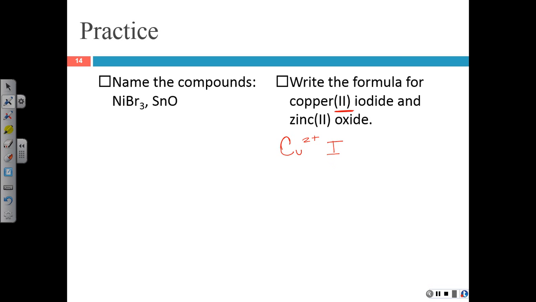And then we have iodine, or iodide, when it's got an anion here. And it's also in group 7. So we do like this, -1. Okay, so if we swap our numbers here, we get this.